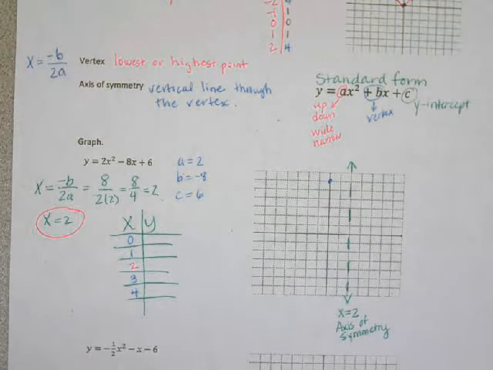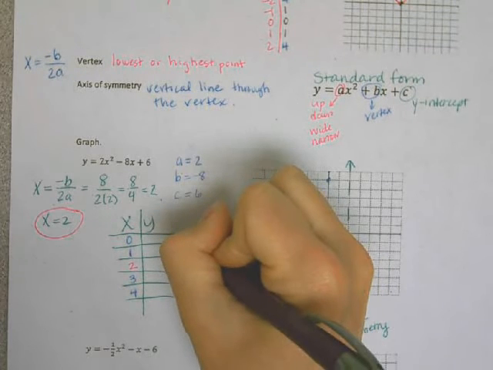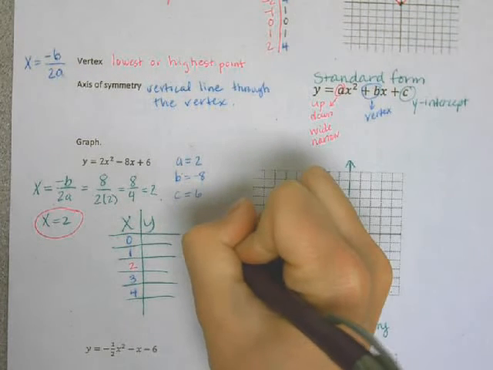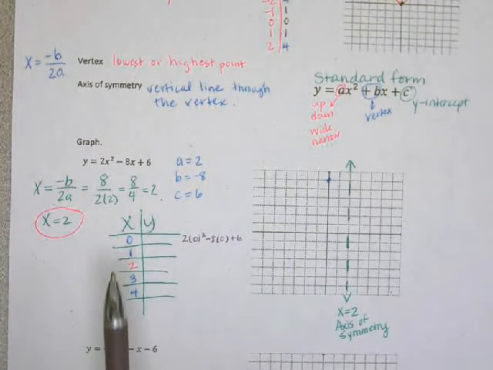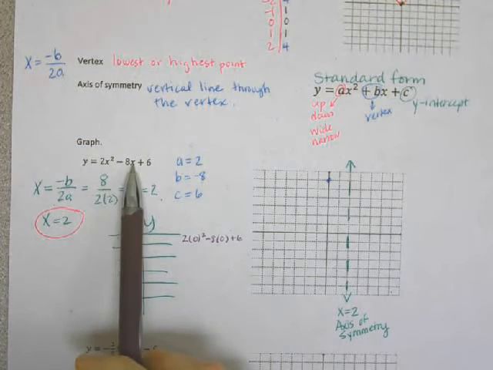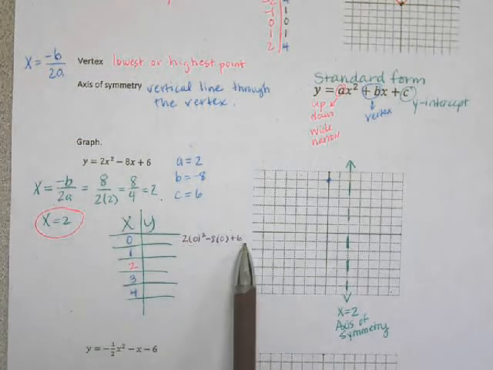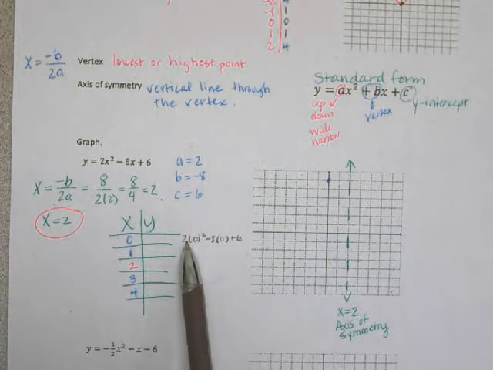So if I were to plug in 0, I would have 2 times 0 squared minus 8 times 0 plus 6. All I'm doing is taking out the x and putting in 0. Make your calculator do this. That wipes that out, so I get 6.